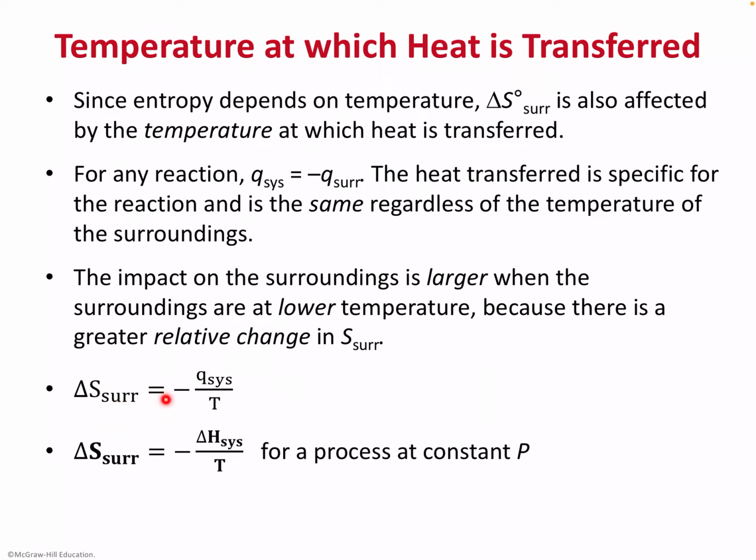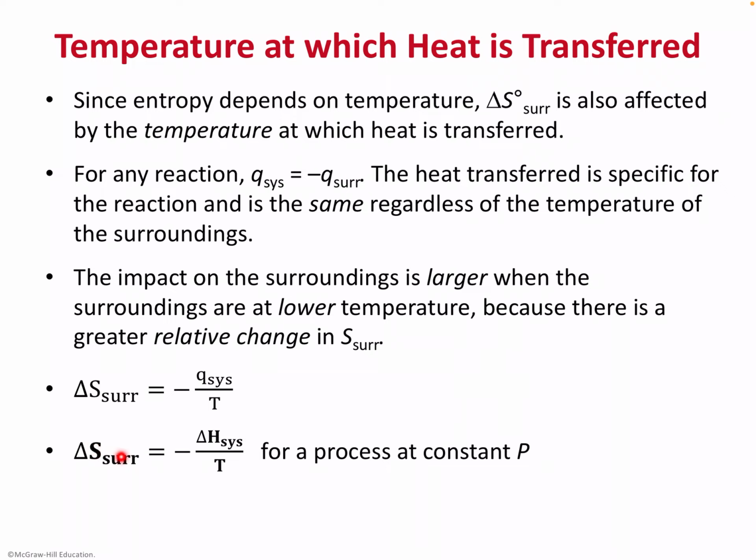using this equation. Negative Q system, meaning the heat of the system, negative value, you divide it by the temperature. That will give us the delta S surrounding. Okay? And if the process is happening at a constant pressure, your Q, heat, and delta H are the same.